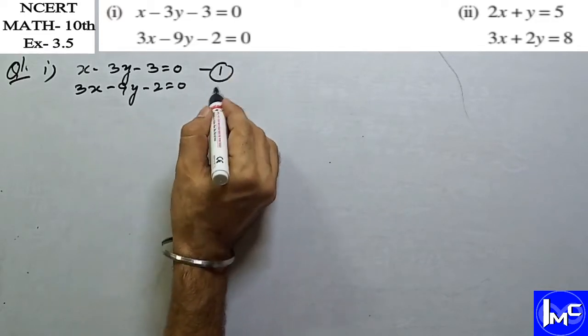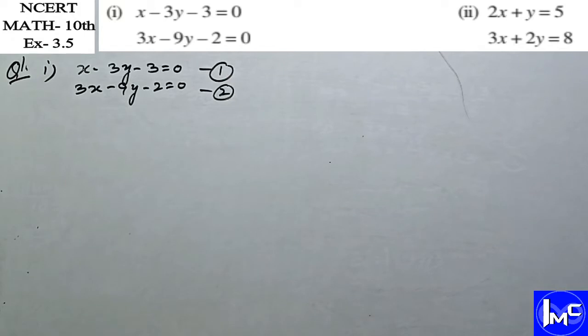These are two equations. First of all, we have to check whether the solution is unique, or no solution, or infinitely many solutions, by comparing with the standard equation.